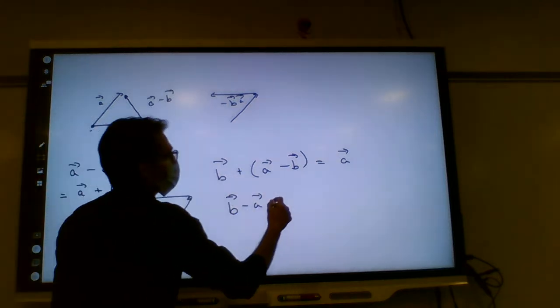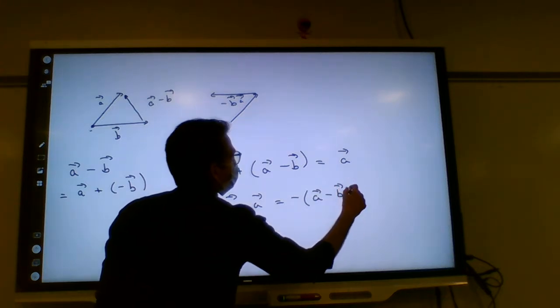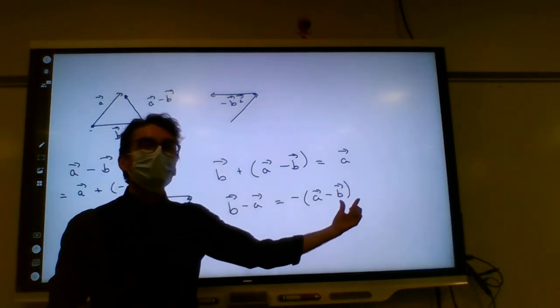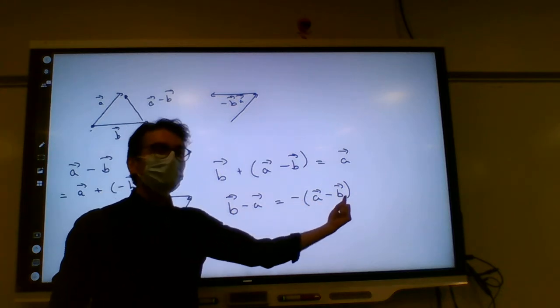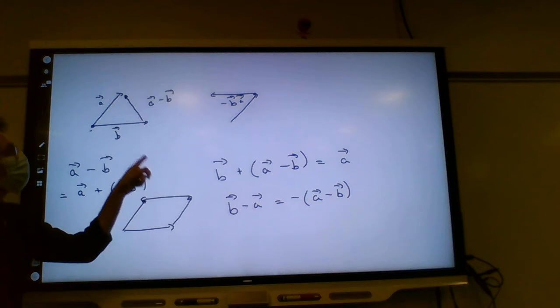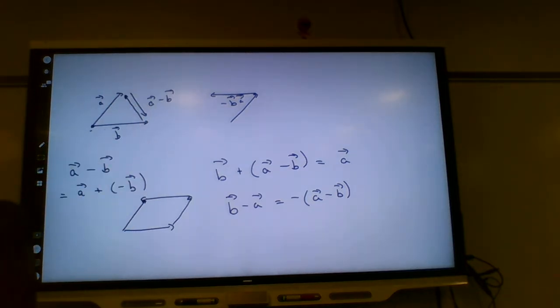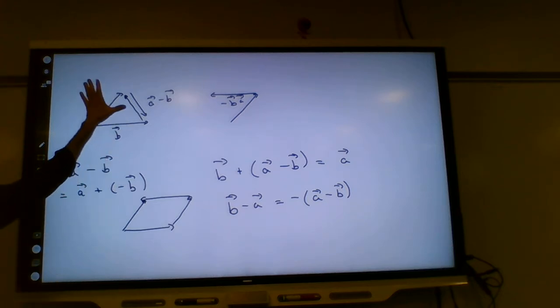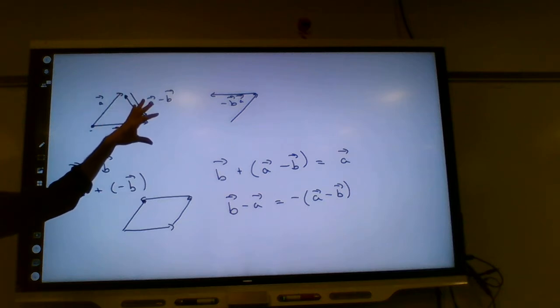So B minus A, if we think about A minus B and flip those, what happens? That's negative A, that's B. And so what does B minus A do? B minus A points toward B, right? The opposite direction. So it's exactly the same vector lengthwise, but it points the opposite direction.